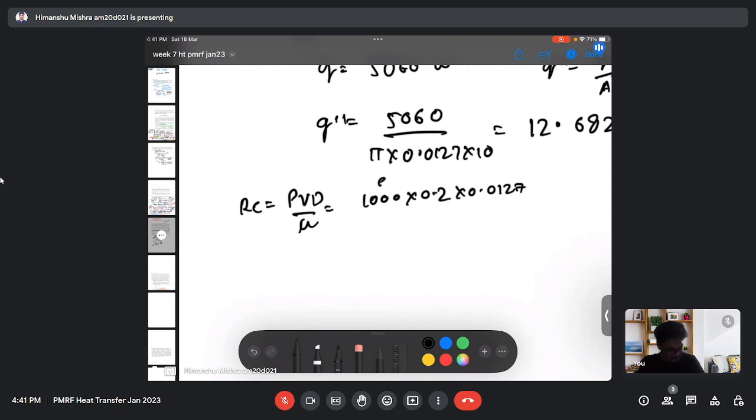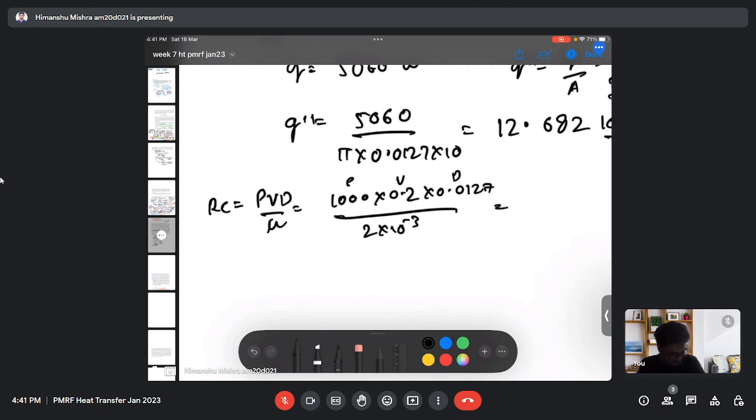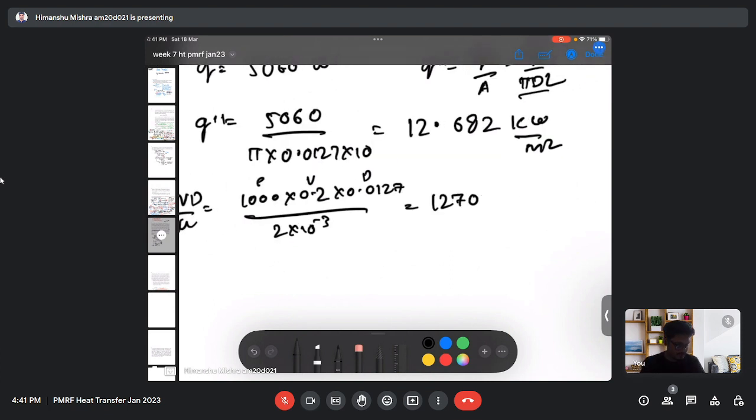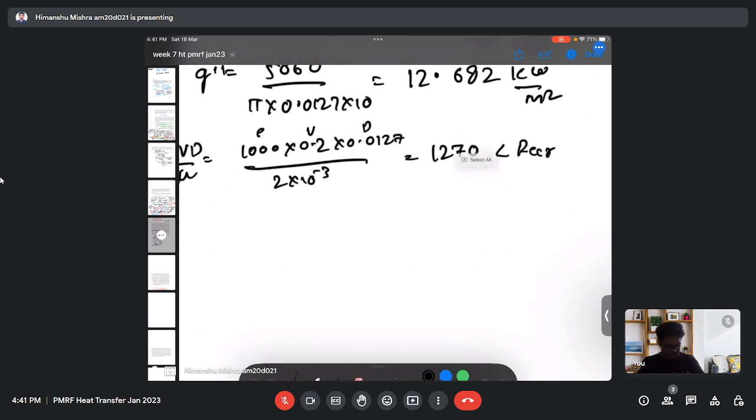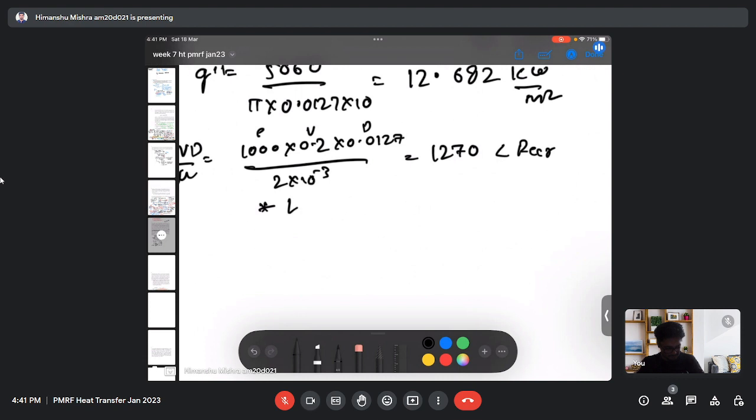So this is my density, this is my velocity, and this is my diameter. And my dynamic viscosity is 2 times 10 to the power minus 3. And my Reynolds number will be 1270, which is less than my critical Reynolds number. So my flow field is laminar.